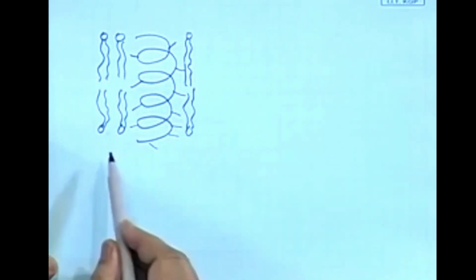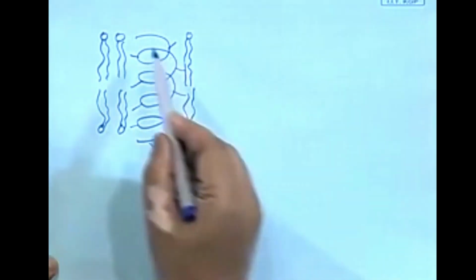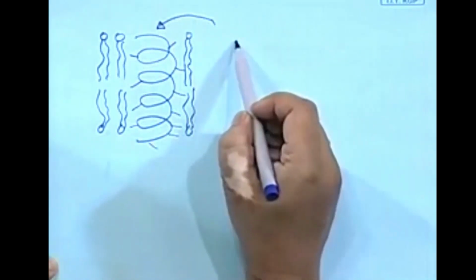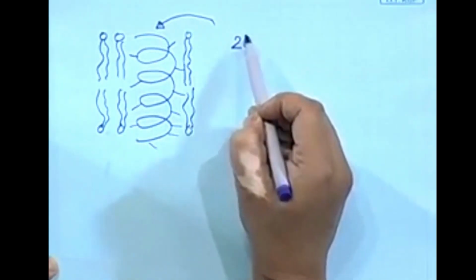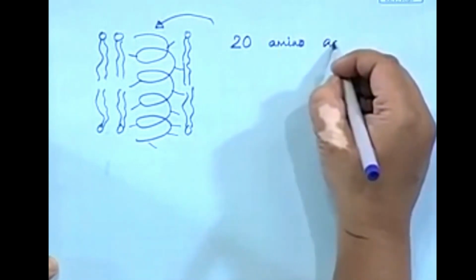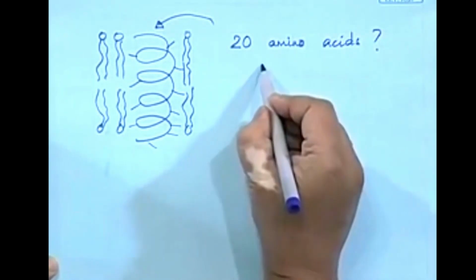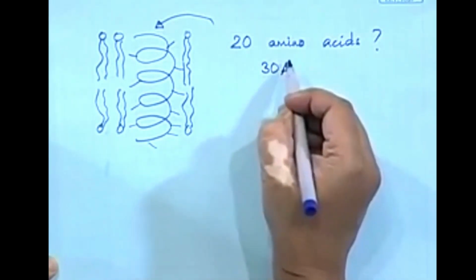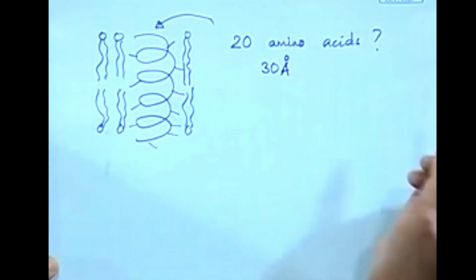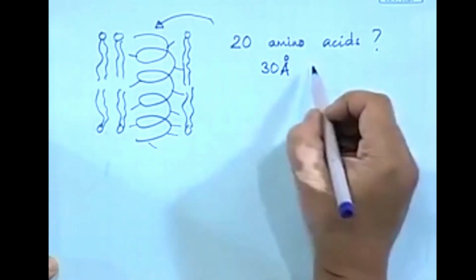Now, what I need in such a specific protein sequence is I need a stretch of 20 amino acids. Why? Because I have a 30 angstrom. What is 30 angstrom? It is the thickness of the membrane. Okay?